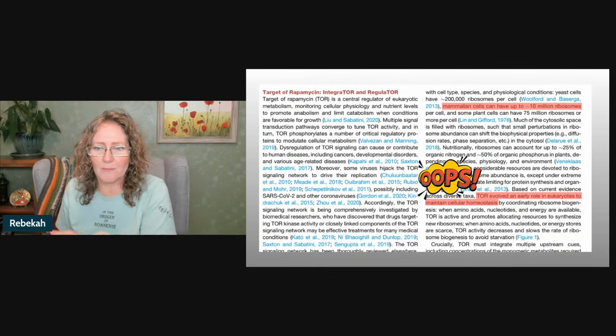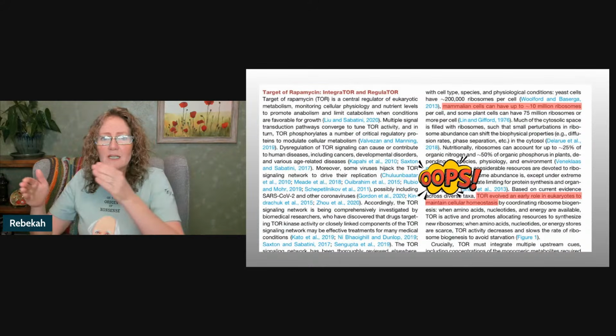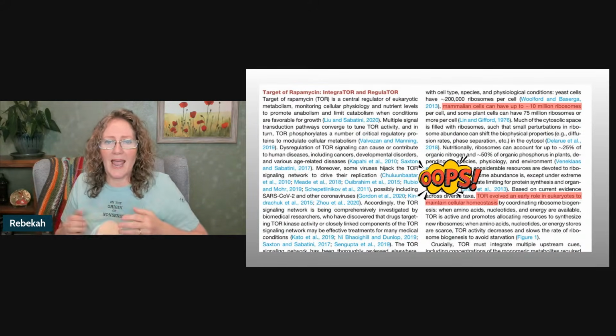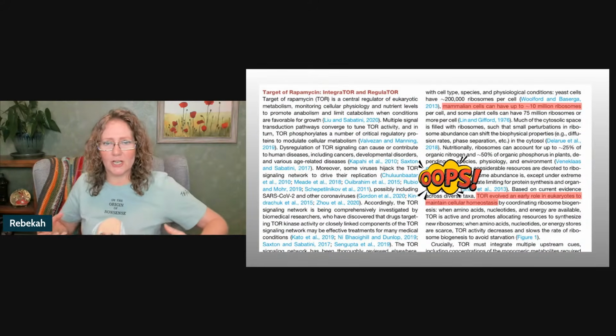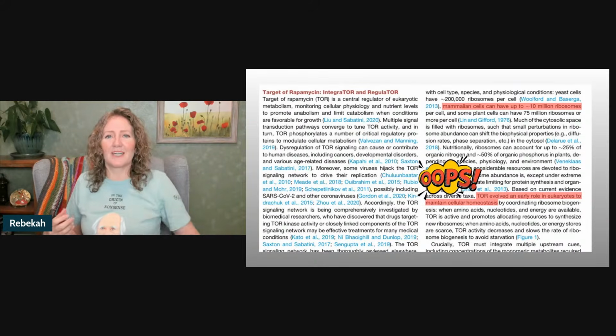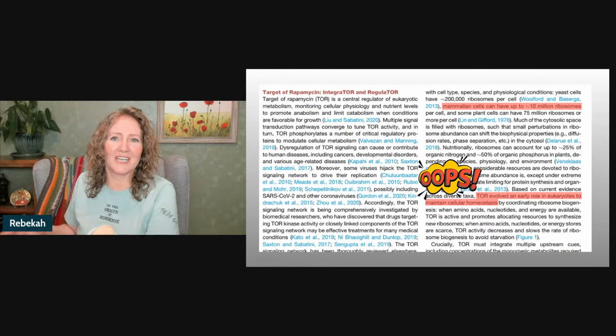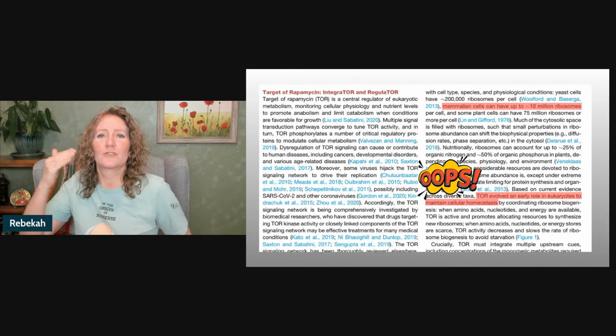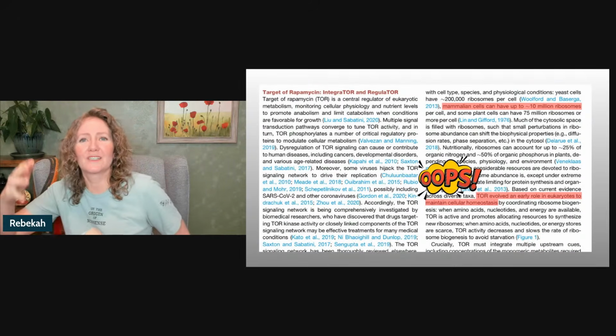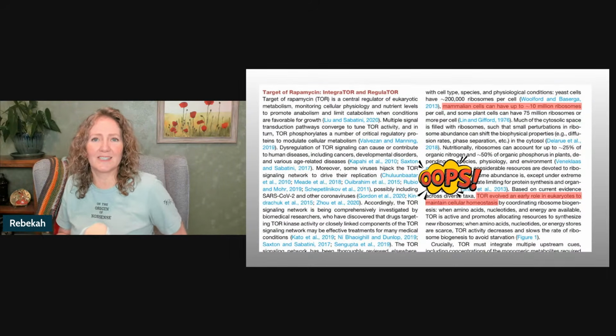Anybody see why that's a problem? It evolved to do something. It had an intention, right? This is something it was trying to do in the language they're using. It evolved in order to perform this homeostasis in the cell.